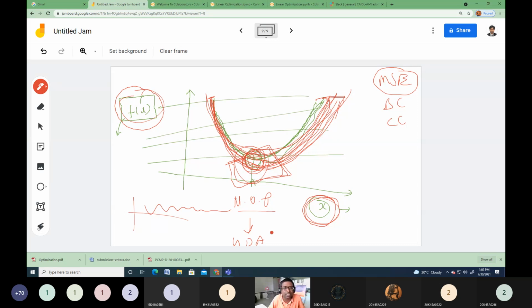In the previous case, we discussed linear programming. Now we are going to discuss non-linear programming, and how the gradient descent algorithm will help find the minimum, optimum point for a non-linear optimization problem.